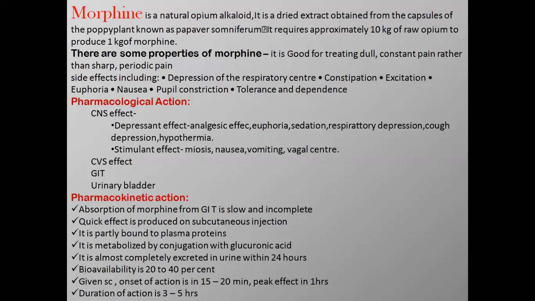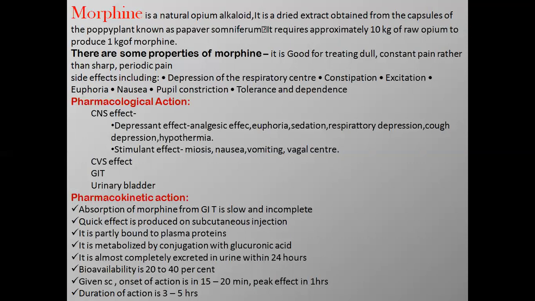Morphine produces pharmacological effects on the CNS in two categories. It has mainly a CNS depression effect but also has a stimulant effect at certain sites of the CNS.